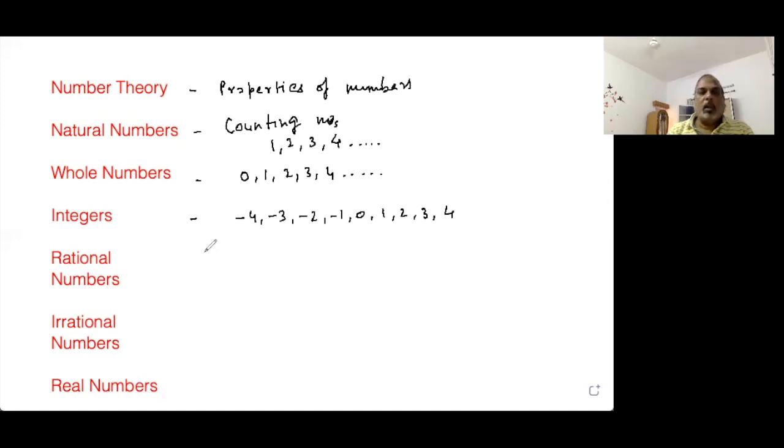What about rational numbers? Rational numbers are basically fractions. They are of the form P by Q, where P and Q are integers.